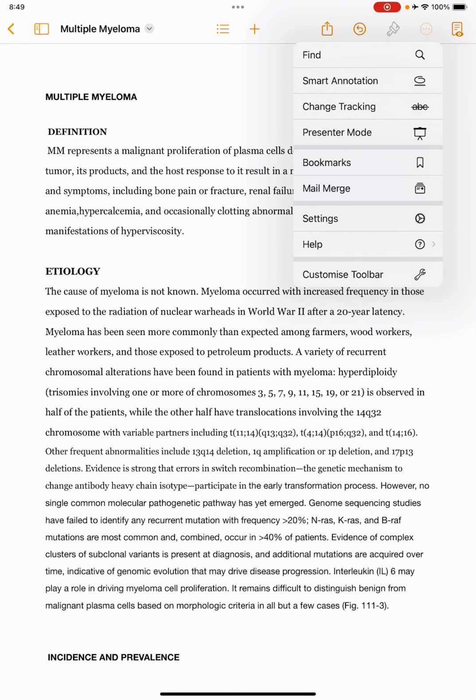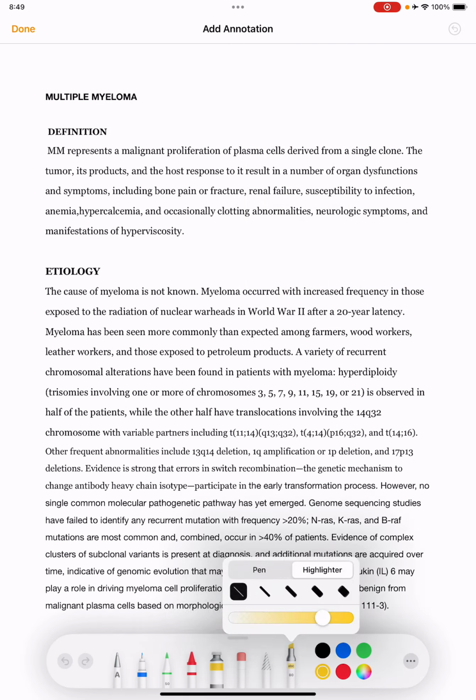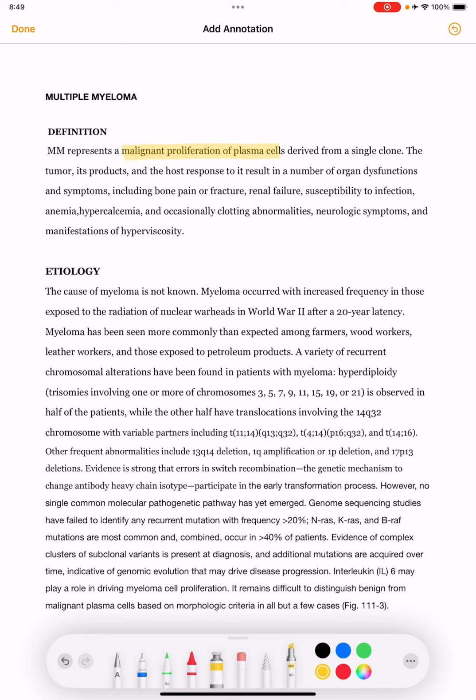Multiple myeloma. This represents a malignant proliferation of plasma cells derived from a single clone.